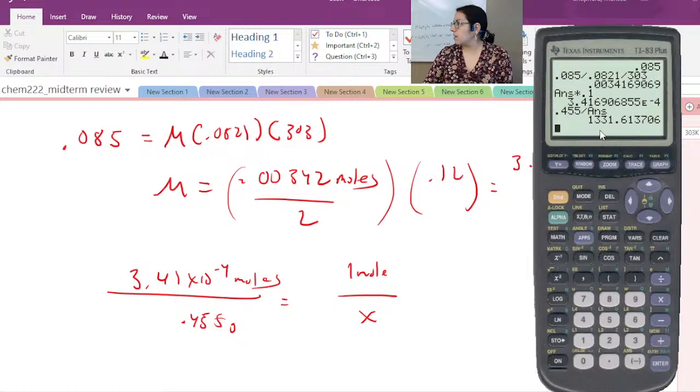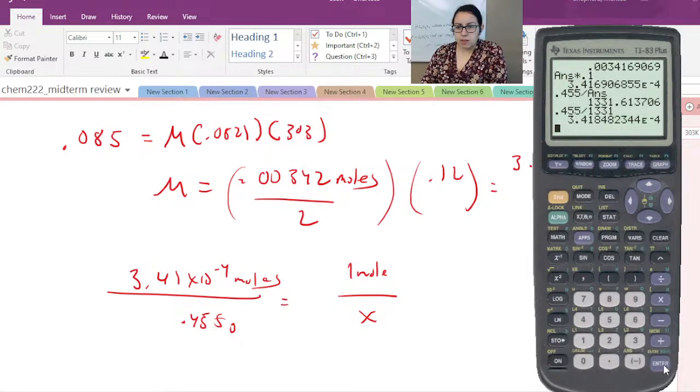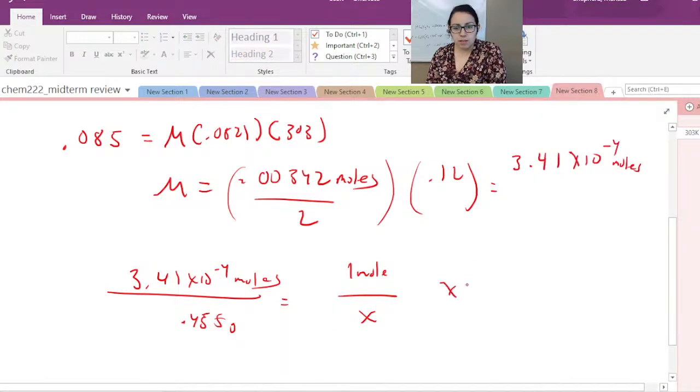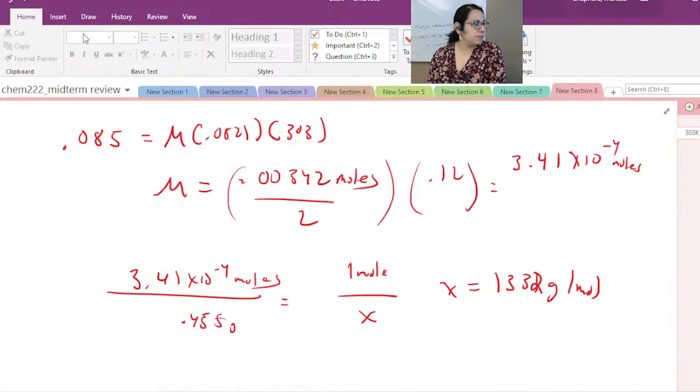So do we get this answer? And then you can always double check yourself. 0.455 divided by our molecular weight gives moles, divided by 0.1, so then we're back at our molarity, so that looks good. So X is 131, or I'll round it to 132 grams per mole for that one.